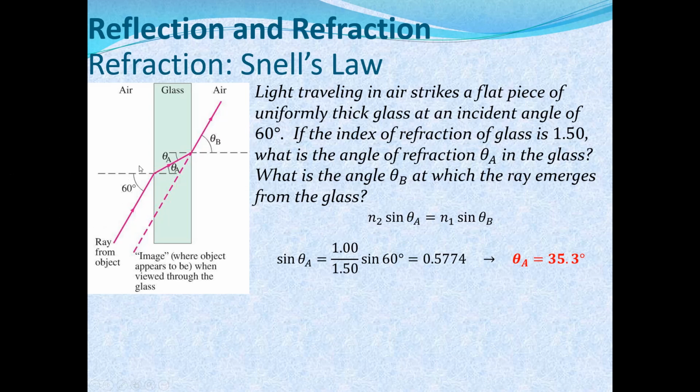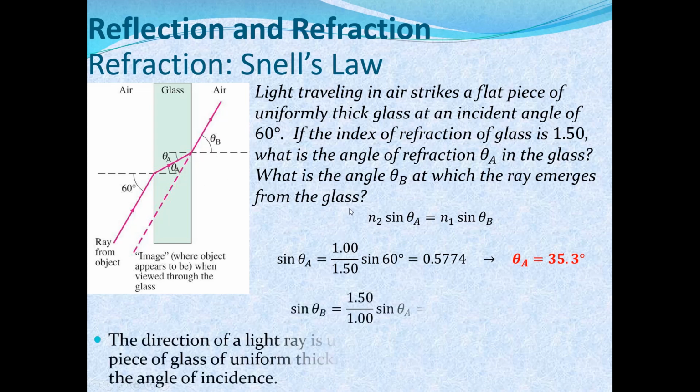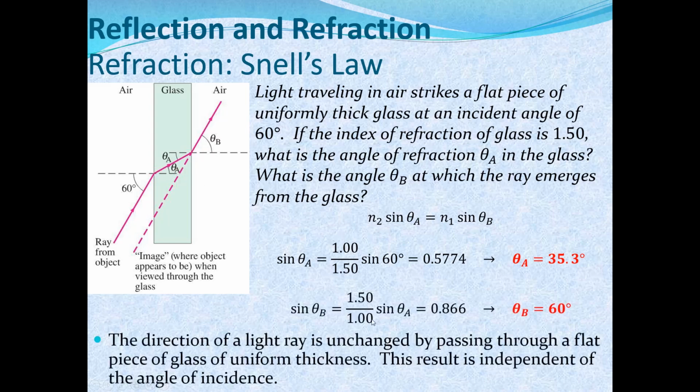So it starts off at 60 and it's going to refract to a little bit over 35 degrees. When it goes from glass into air, I do the same thing, and I get that it's back to 60 degrees.